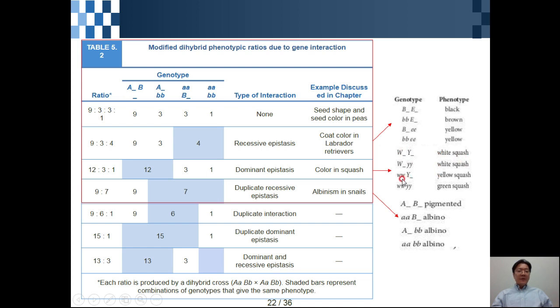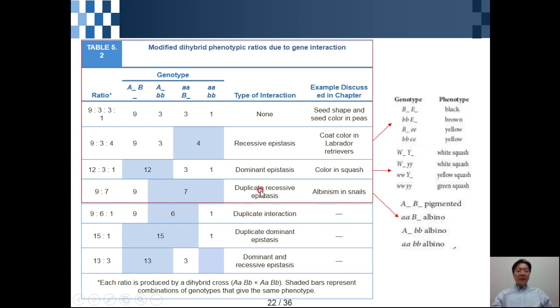Also, in these cases, because they don't have a large W, if they have a large Y, they will have the yellow scotch. If they don't have a large Y, they will make the green scotch. So the phenotype ratio is 12:3:1.